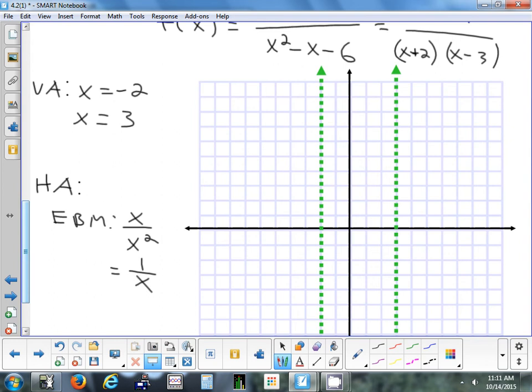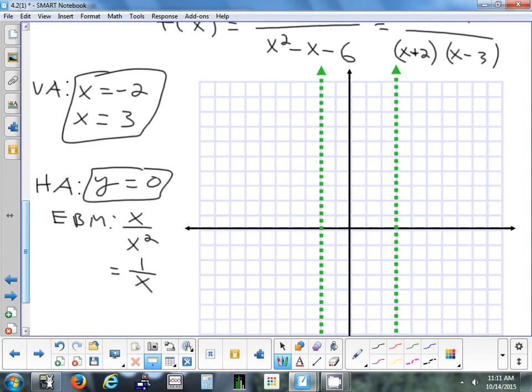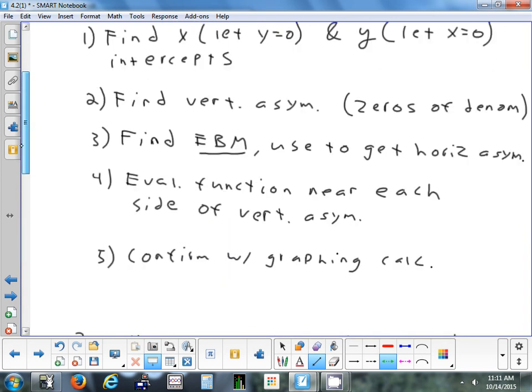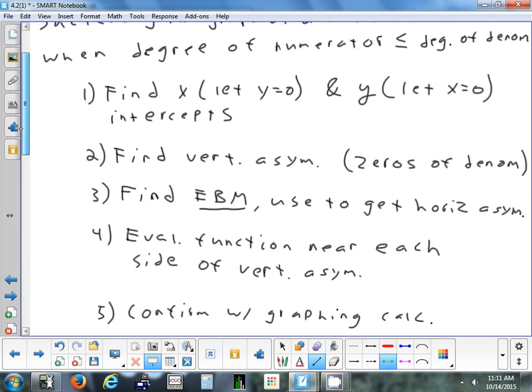And what's going to happen as you let x get really, really big in that fraction, Dave? It's going to get really small. Yep, and it'll approach what number? 0. Okay, so now we've got a horizontal asymptote at 0. So let's put that in. You can kind of see how we're breaking this up. We're going to have different sections of the graph.